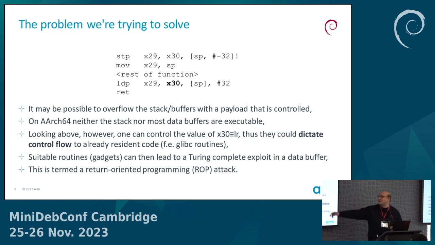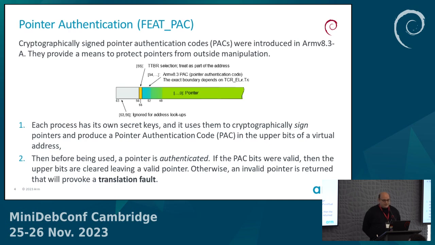And so what would happen here is, in bold, X30 would be set, it's also known as the link register, the return address in ARM. That would be set to something it shouldn't be, and execution will continue in a code path that it should not be in. So this is how we try and solve return-oriented programming style attacks.